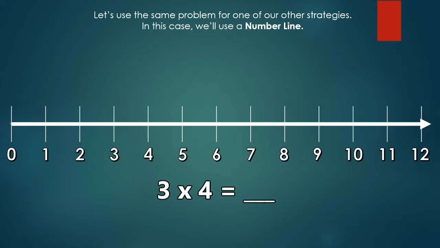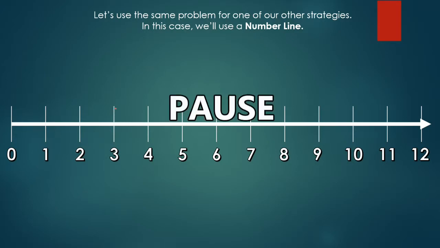Now, what you'll want to do is draw an individual line and just go to 3, and we'll do the rest together. Go ahead and start now. Hit pause and draw your lines, but just to 3.